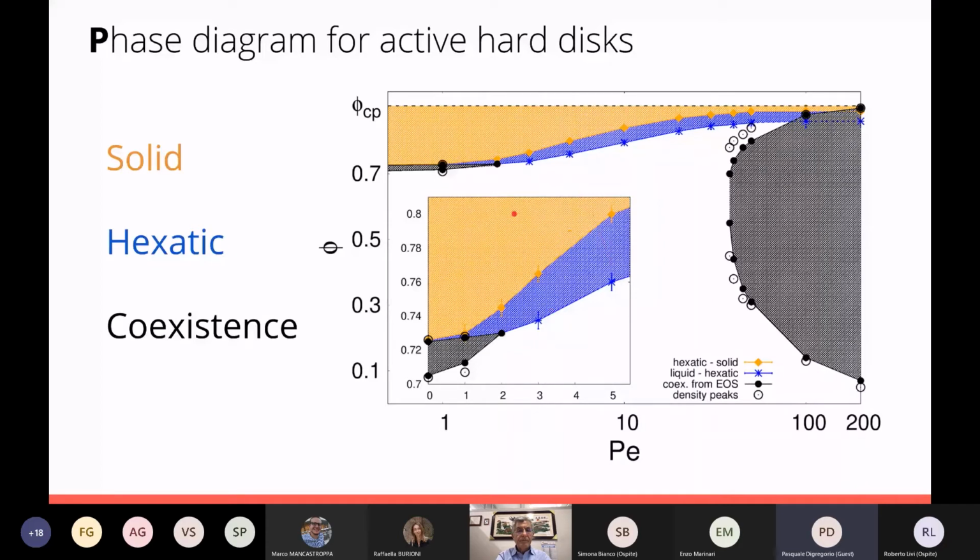So please bear in mind that for the next part of the talk, I will always refer to this phase diagram when I talk about solid-hexatic and hexatic-liquid phase transitions.